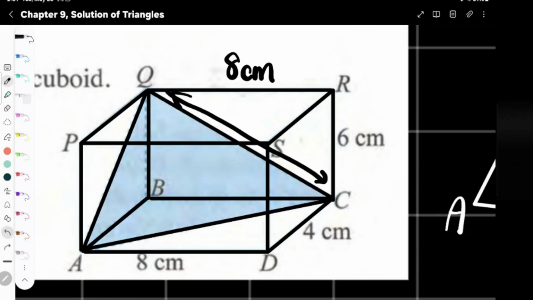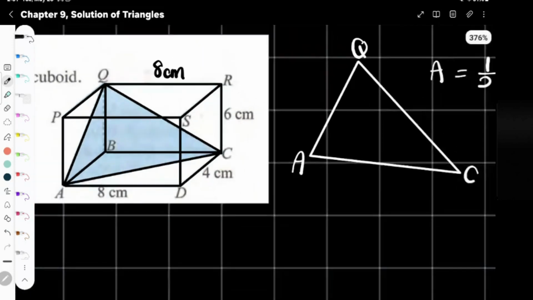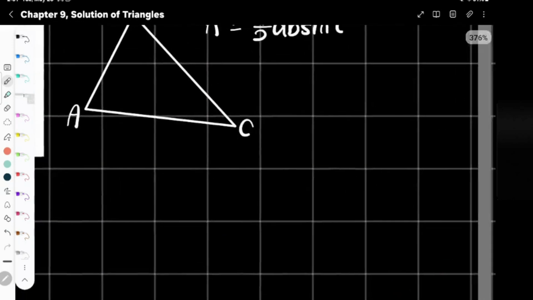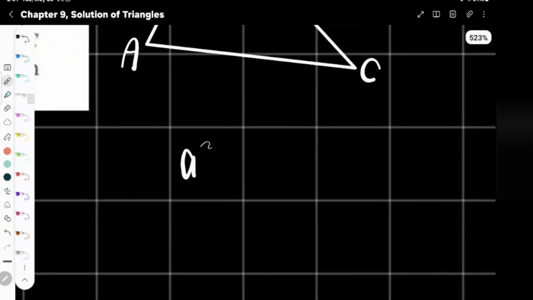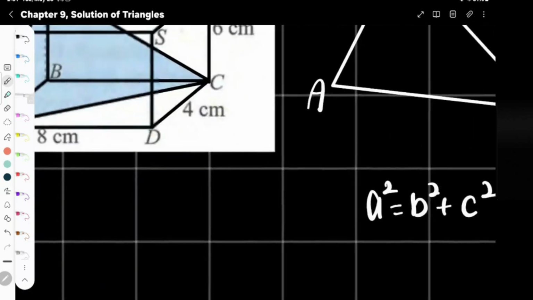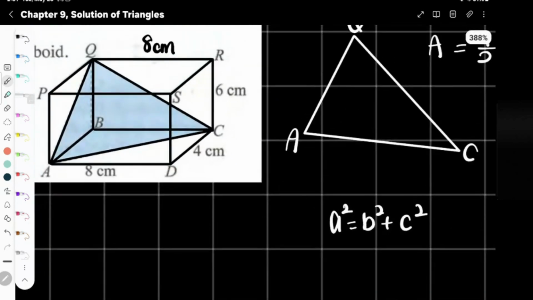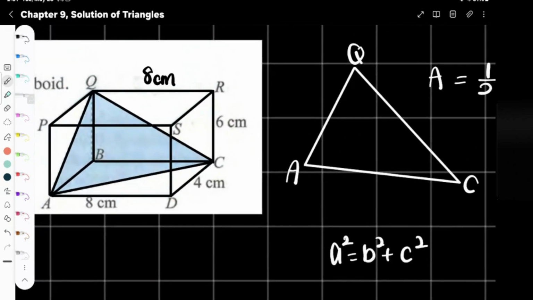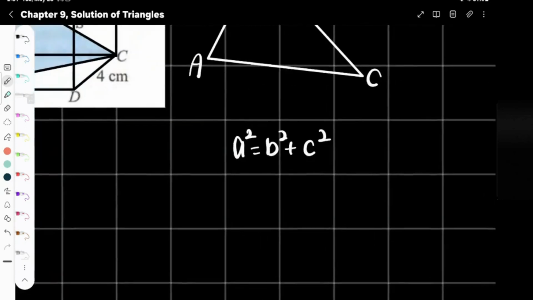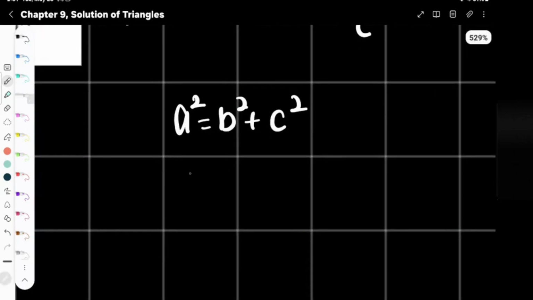But we can actually fill in the blank again. How? We can use Pythagoras theorem. Pythagoras theorem states that a square equals b square plus c square. So you have to have two distances. Do we have two distances? Yes lah, the 8 centimeter and the 6 centimeter. So we can find that one.